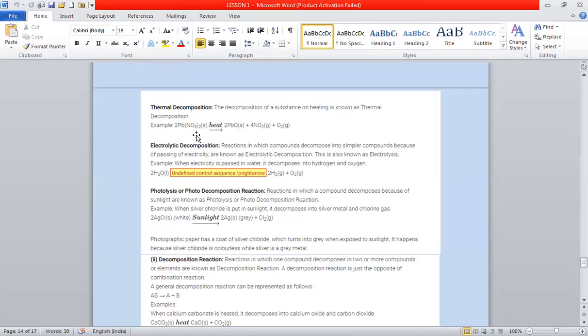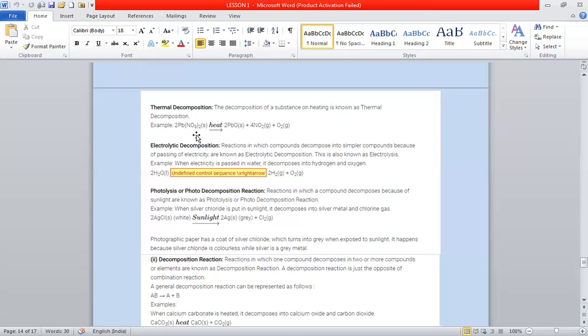These crystals decompose into ferric oxide, that is Fe2O3, sulfur dioxide SO2, and sulfur trioxide, that is SO3. The evolution of oxides of sulfur is identified with the characteristic odor of burning sulfur.